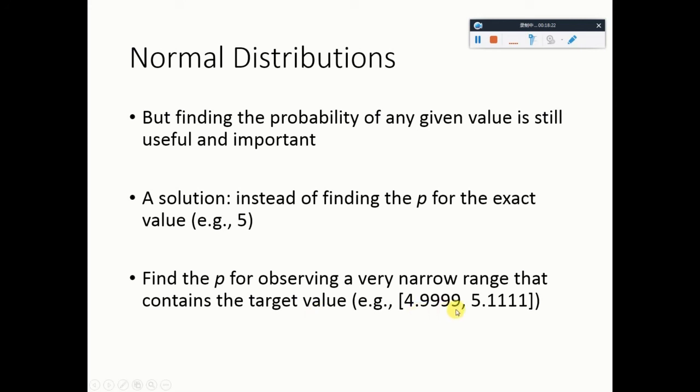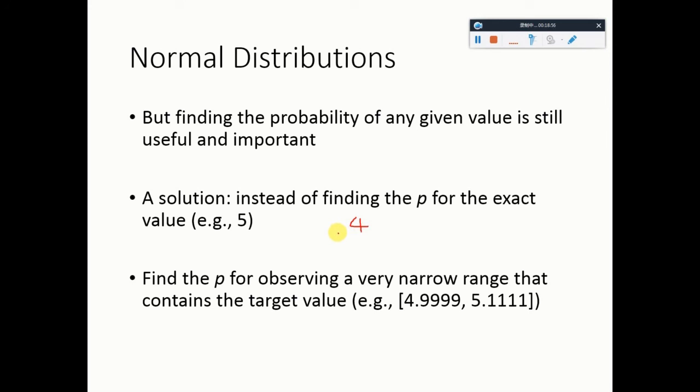So here 5 is slightly larger than 4.9999, and 5 is slightly smaller than 5.1111. So this range, so close but containing 5, can be roughly considered as the probability of observing 5, this particular value.